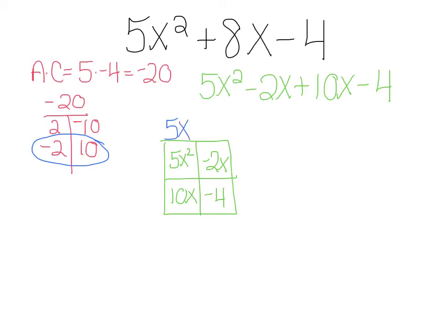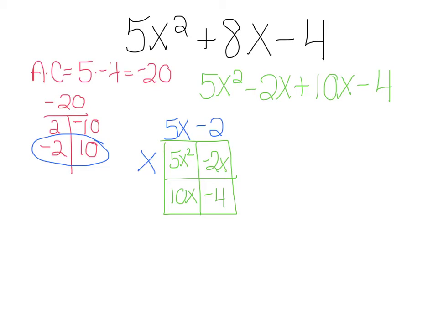In this next column, our leading coefficient is negative 2, so we need to pull out the negative. We have negative 2 and negative 4, so we can pull out a negative 2. But we can't pull out anything else because this one doesn't have an x. In the first row, 5 and negative 2, nothing works for that, but we can pull out an x. Notice we don't need to pull out a negative because the leading coefficient is positive.